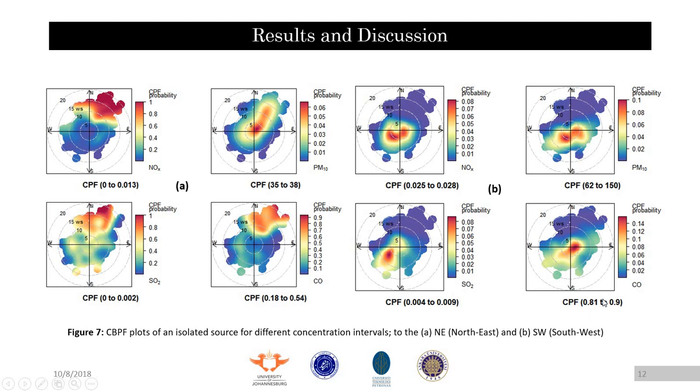If you take all the range from 0 to 100%, you can see they are showing you different directions. So this is a pilot study. We took already a supervised analysis.